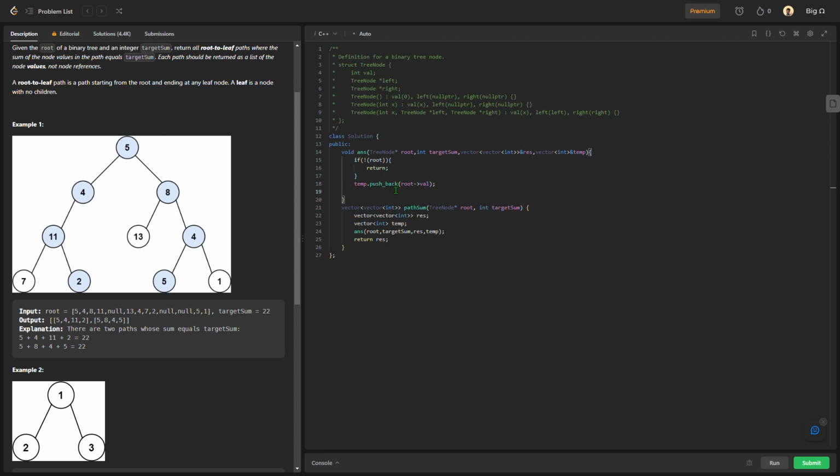Okay, after pushing it back into my temp, what we need to check is, if not of root left, that is, left is also null, and right is also null, and our target sum is equal to root's value.